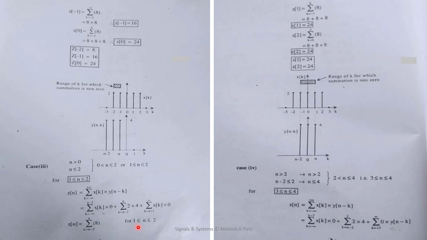And if you simplify this for n in between 1 to 2, we have to first keep the value as n equal to 1, then n equal to 2. So for n equal to 1, z of 1, we are going to get this answer as 24, and for n equal to 2, z of 2, we are going to get the answer as 24.